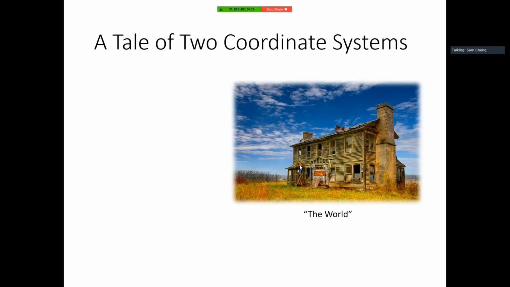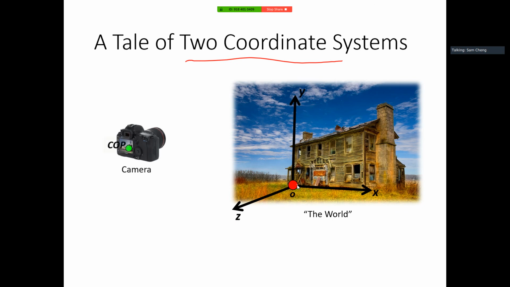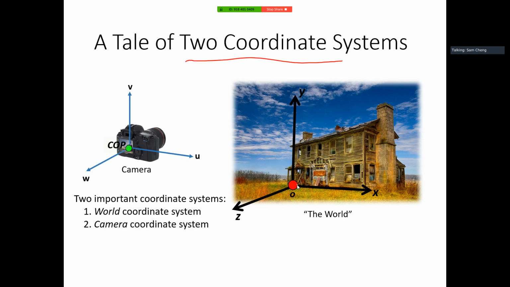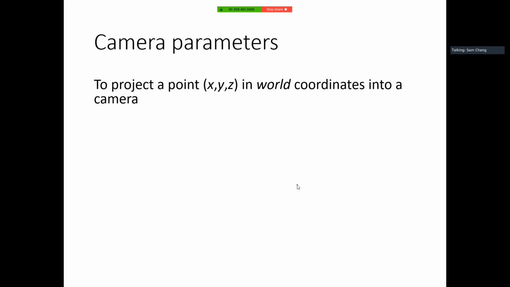As I mentioned, we can have two coordinate systems. One is the world coordinate, maybe the origin is here, but maybe the camera has a different coordinate system, where the center of the projection is different.